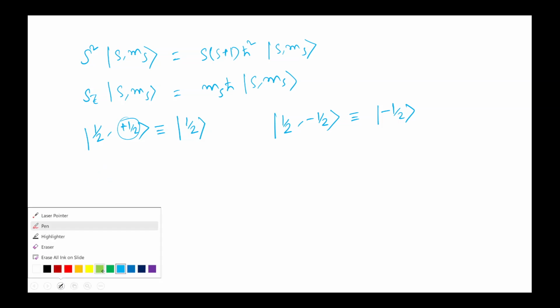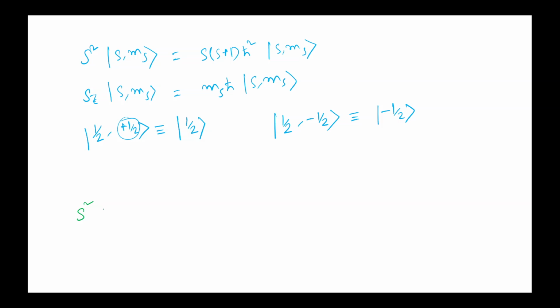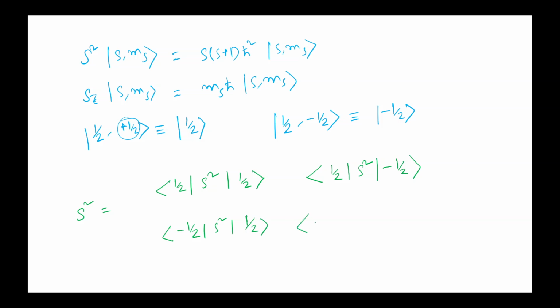Now let's write the s square operator in these bases. How will you write it? You can write it as <1/2, 1/2| s square |1/2, 1/2>, and <1/2, 1/2| s square |1/2, -1/2>, then <1/2, -1/2| s square |1/2, 1/2>, and <1/2, -1/2| s square |1/2, -1/2>. So this is a matrix.